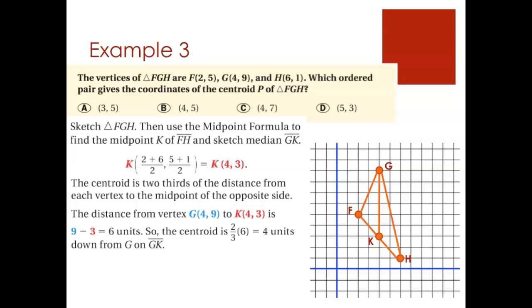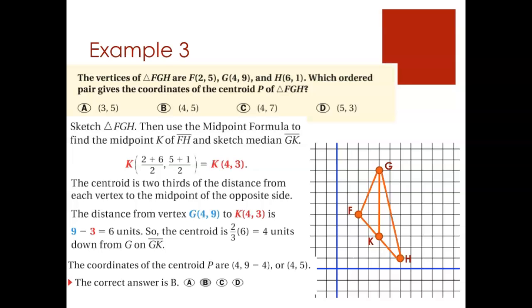So the distance from G to K is 6 units. You can see that on the graph there. And the centroid must then be 2/3 of 6, which is equal to 4. So starting from G, if I count down 4 units, then that tells us that this is going to be at (4, 5). So our answer is going to be (4, 5).